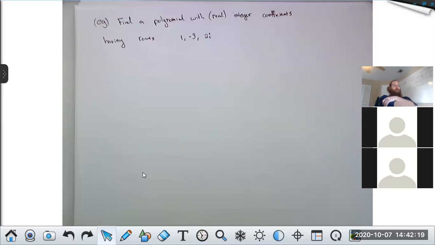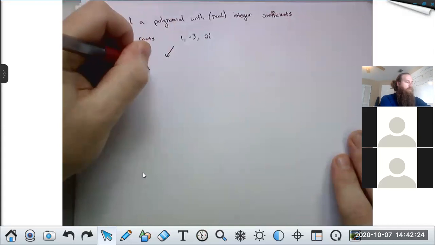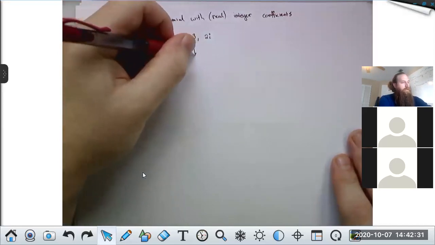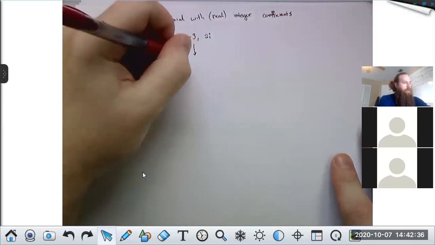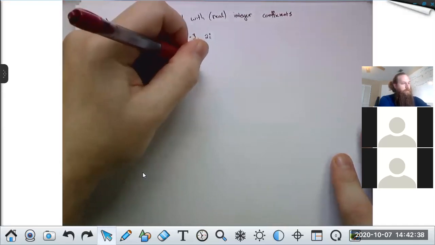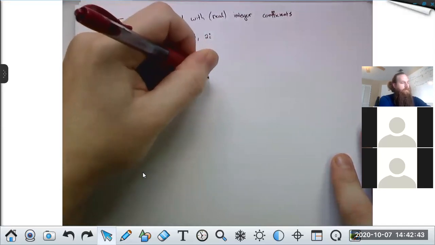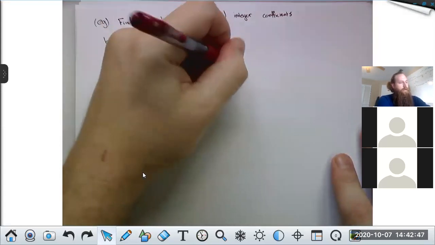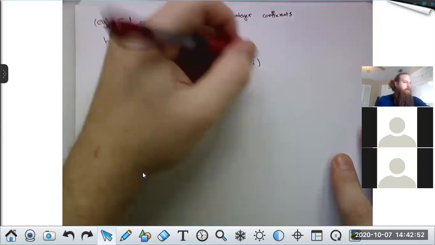So the root at 1 tells me that x minus 1 is a factor. The root at -3 tells me that x plus 3 is a factor. And the root 2i tells me that x minus 2i is a factor.